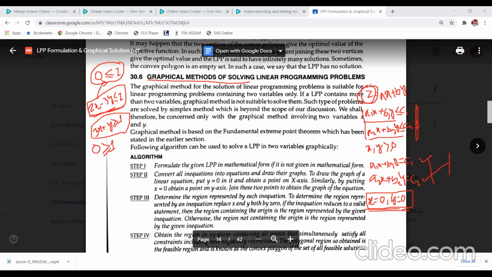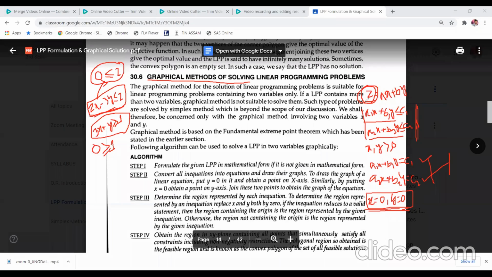If your problem is a maximization problem, then whatever values of Z you have got at each corner point, you need to check at which point you got the maximum value of Z.